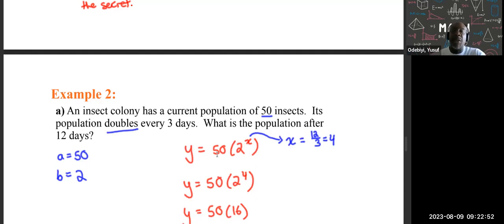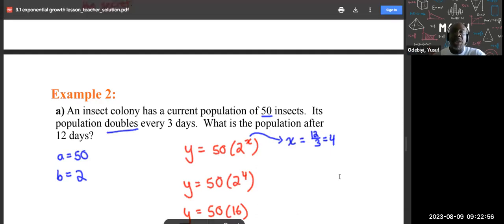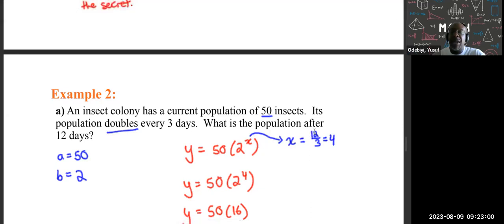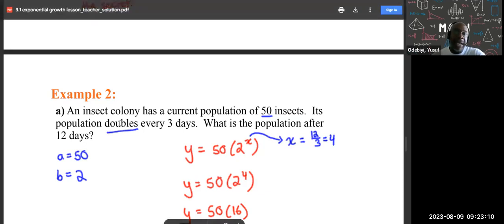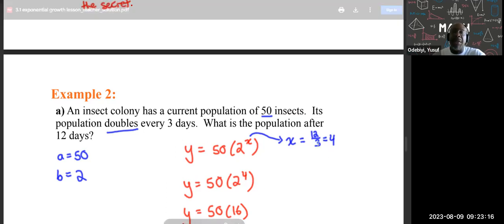Okay, so you want to know your X. So your X is now going to be based off of, like we said before, the number of days divided by how many days it takes for the growth factor to take effect. So the growth factor doubles every 3 days.